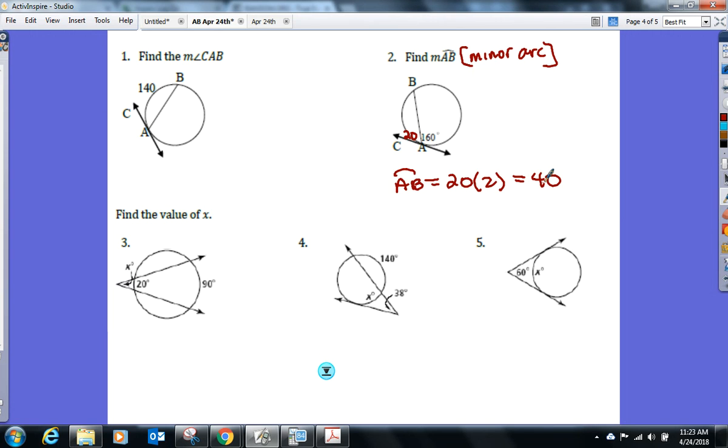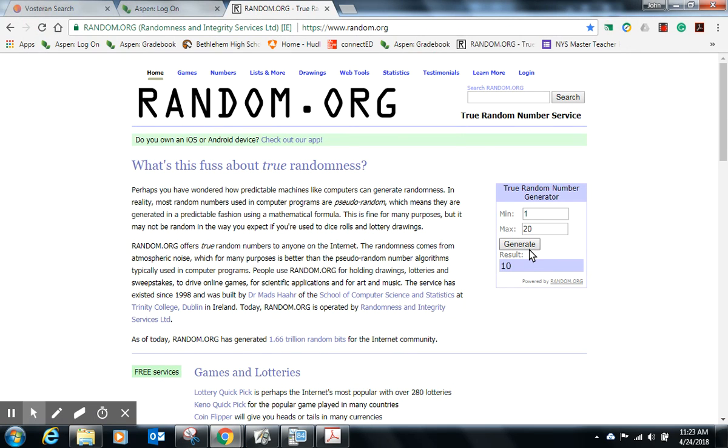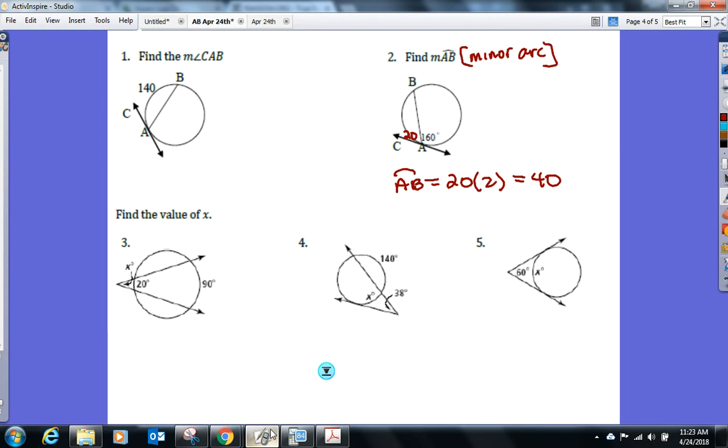Questions? Okay. Here we go. Who's got 10? For number 3, where is the angle located that I'm trying to find? Inside or outside? Discussion's over. I don't care that it's formed by 2 secants. Luke just said, hey, that sucker's on the outside.